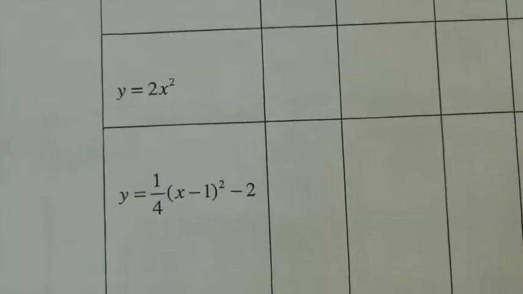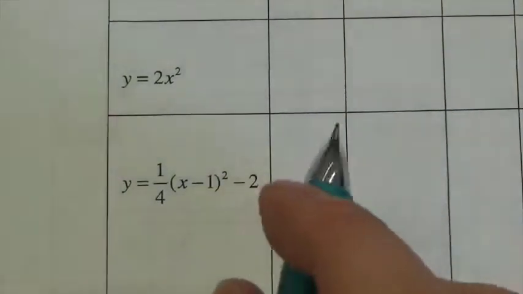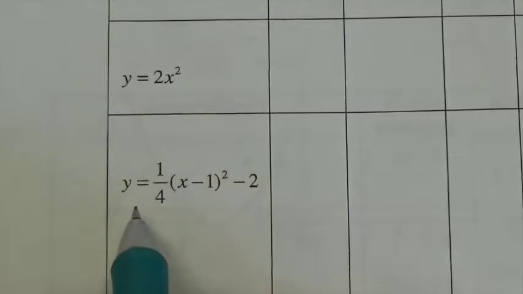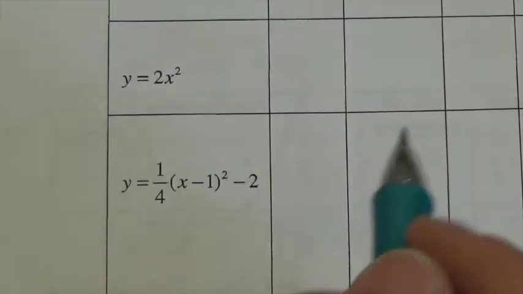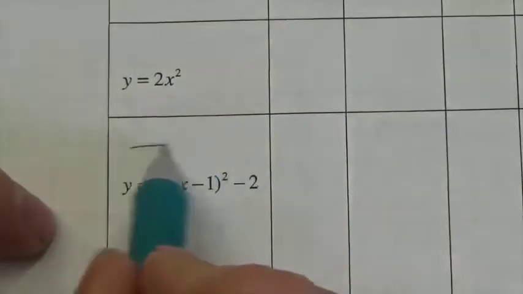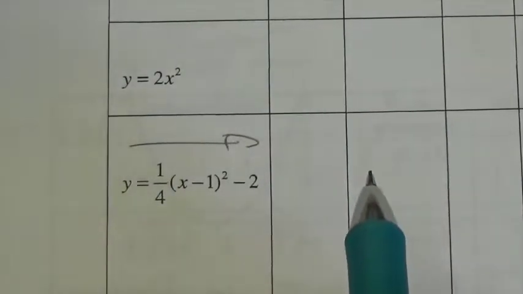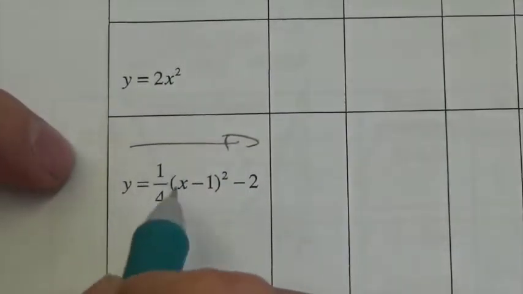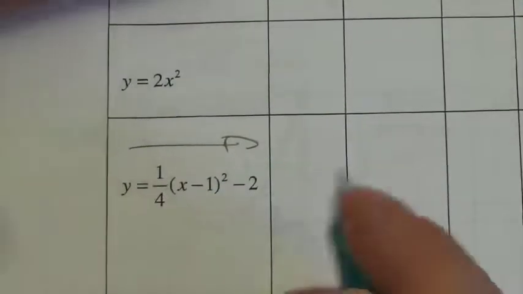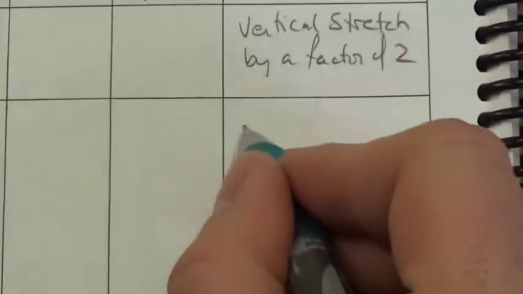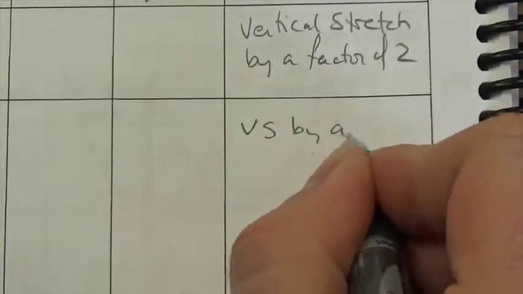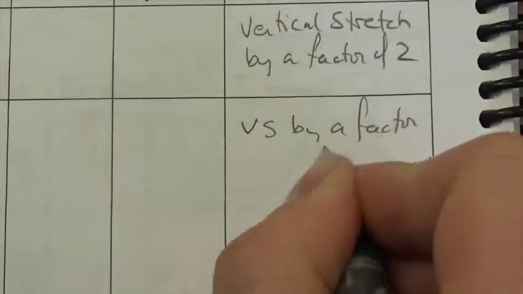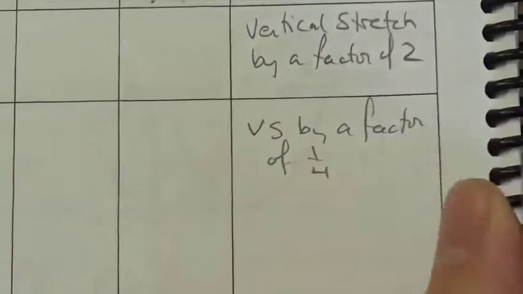Now over here, we've got a lot more going on, but what we're interested in right now specifically is what's happening up front. In order to get a lot of these transformations interpreted correctly, you almost always have to read this left to right, just like you would anything else. So the first thing we mention is that there's been a vertical stretch by a factor of 1/4.